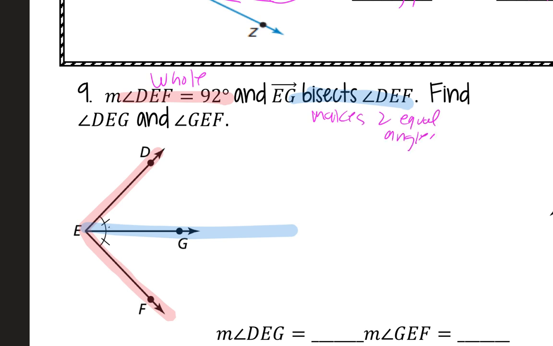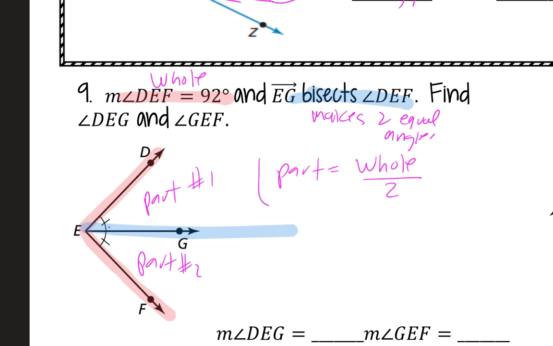So if they're both equal, it says find DEG and GEF. So that's going to be part number 1, and that'd be part number 2.